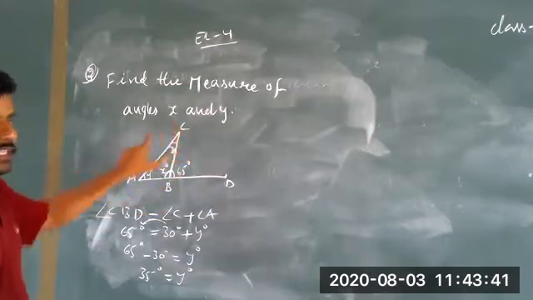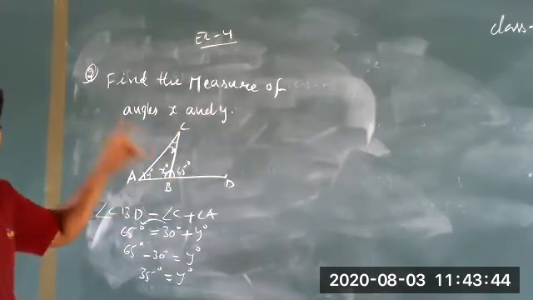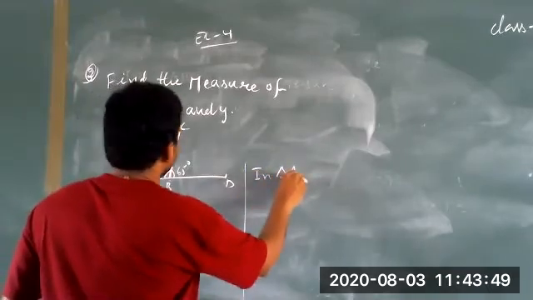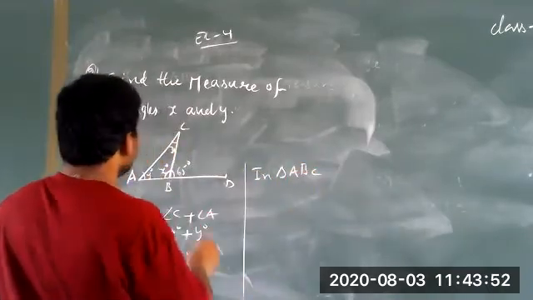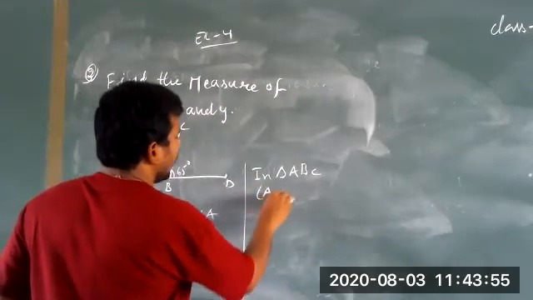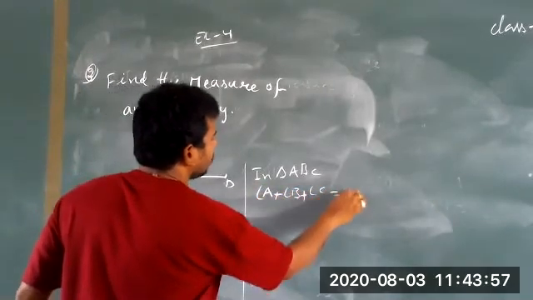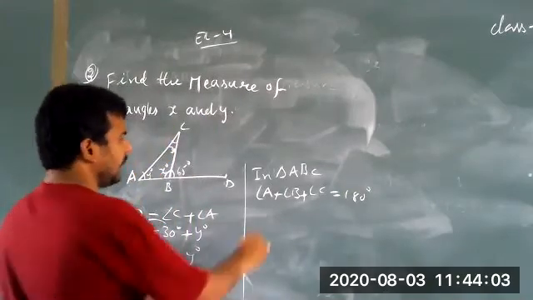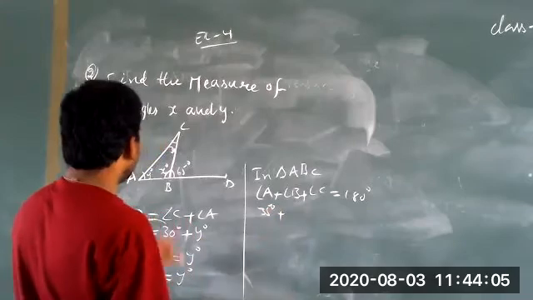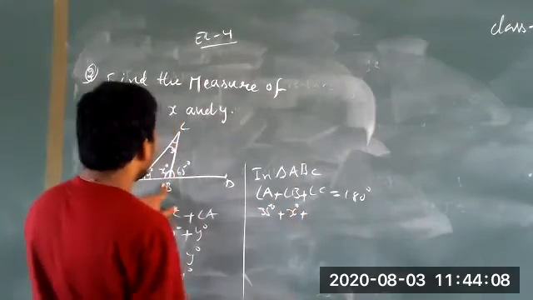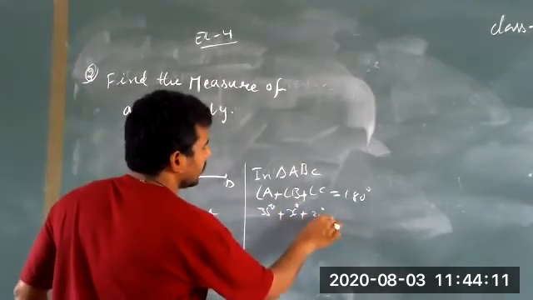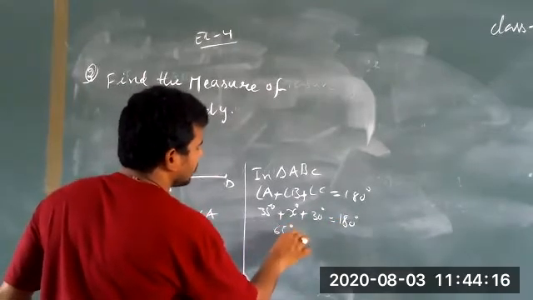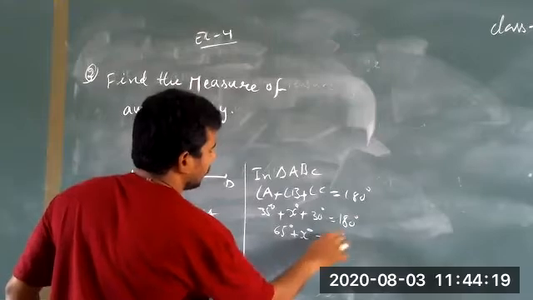Now take the angle sum property. In a triangle, the sum of the three angles is equal to how much, children? 180 degrees. So in triangle ABC, angle A plus angle B plus angle C is equal to 180 degrees. Angle A is y, 35 degrees. Angle B is x degrees. Angle C is 30 degrees. So 35 plus 30, 65 degrees, plus x degrees is equal to 180 degrees.